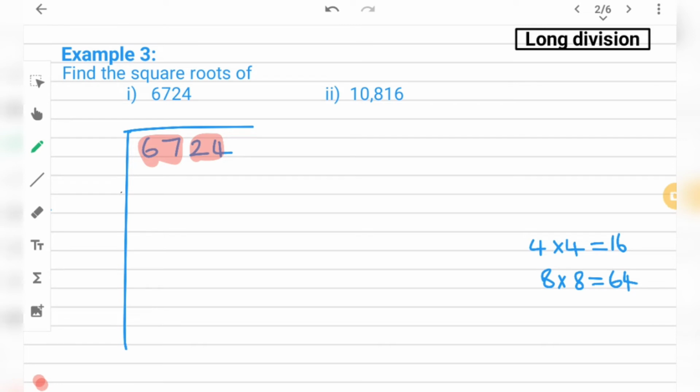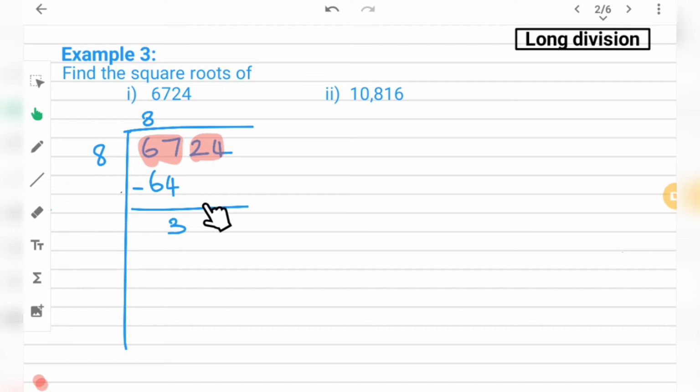So I am going to place 8 here and here also 8. And next we are going to subtract it. So, 67 minus 64 is what? 3. Okay. And now I am going to bring these two numbers together. So, I will write it as 24. And whatever number is over here, we have to multiply with 2. So, 8 twos are 16.